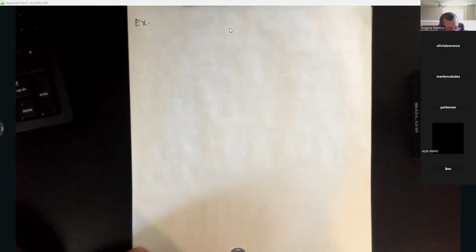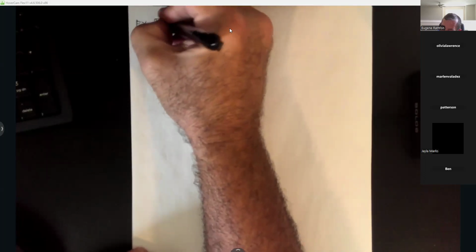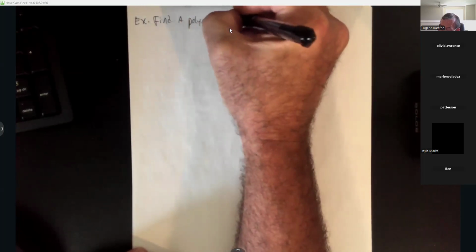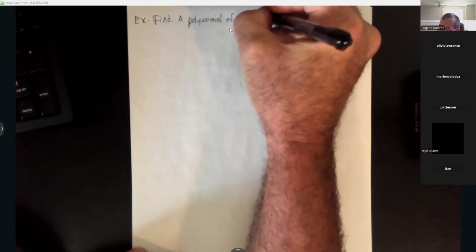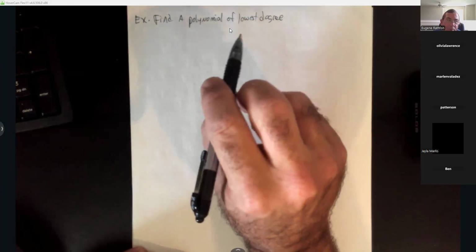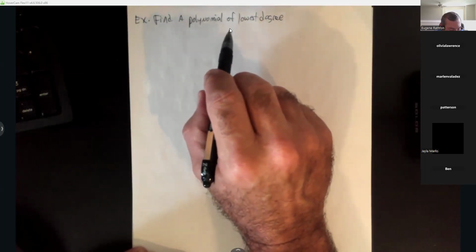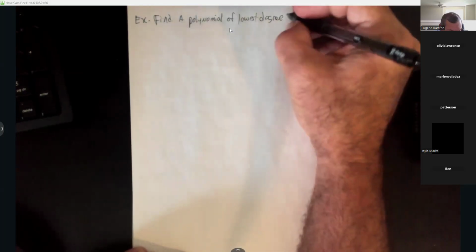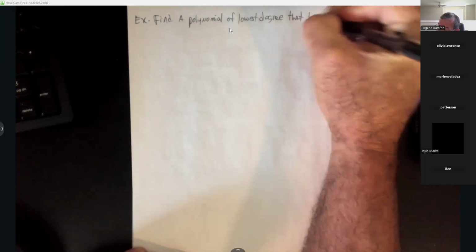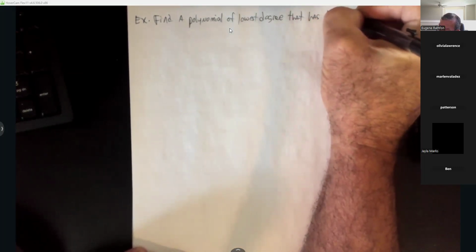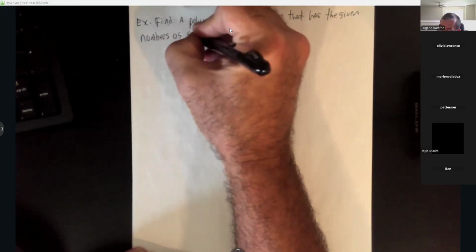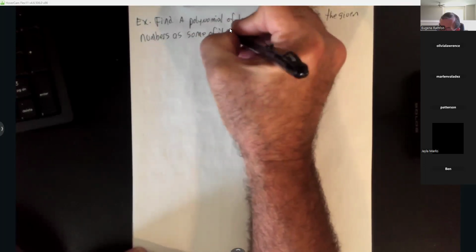All righty, so here we go. We're going to find a polynomial of lowest degree. So they're not telling you the degree because they don't want to give it away. Find a polynomial of lowest degree that has the given numbers as its zeros.